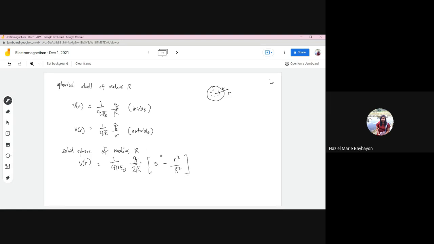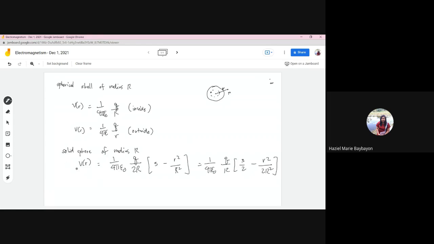Okay. So in the notation last time, we did not factor out the 2, this 1/2 here, this 1/2 here is the factor. So what you write in your notes, class, is 1 over 4 pi epsilon naught Q over R, and then you have here 3 halves minus r squared over 2R squared. Okay, we did not factor out the 2.